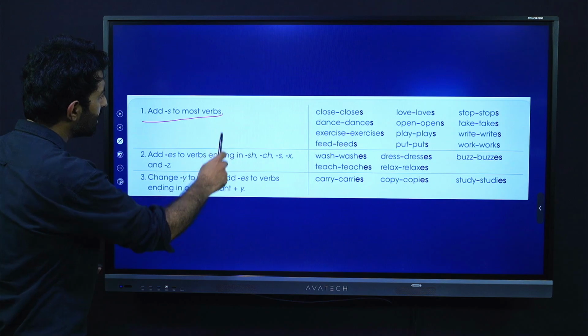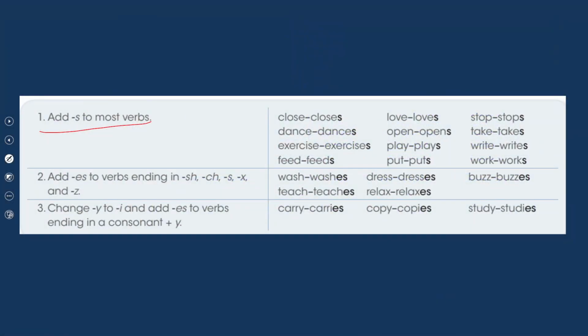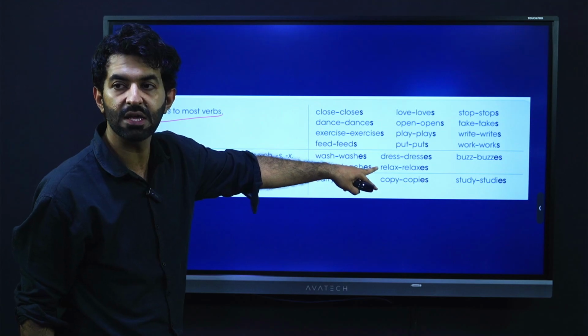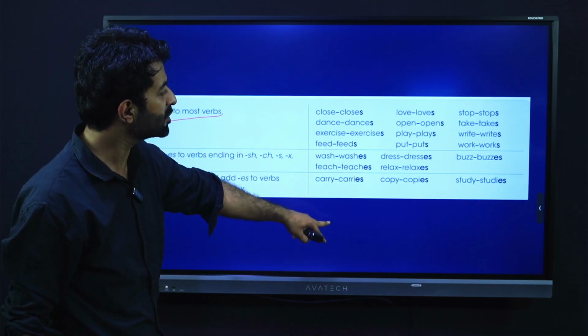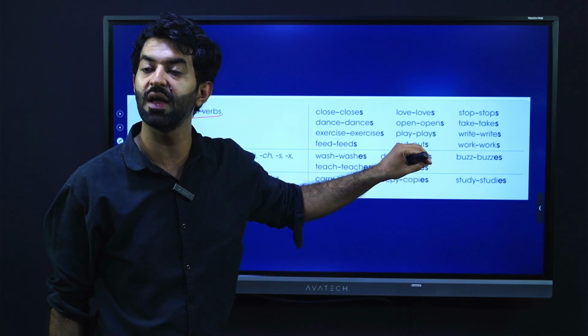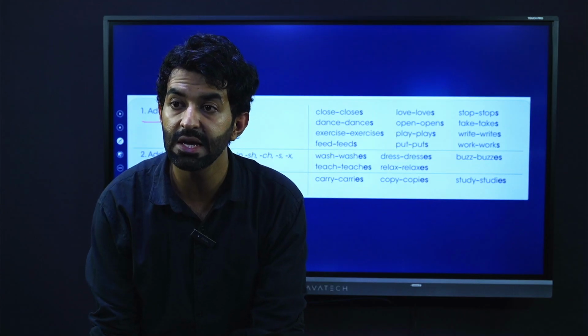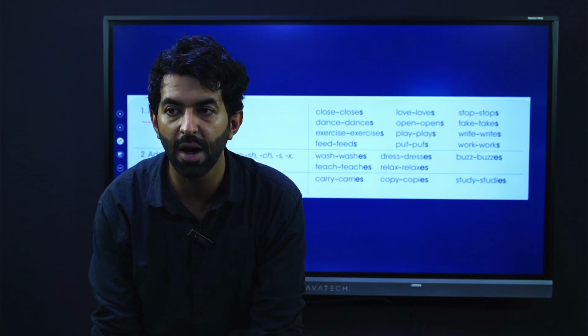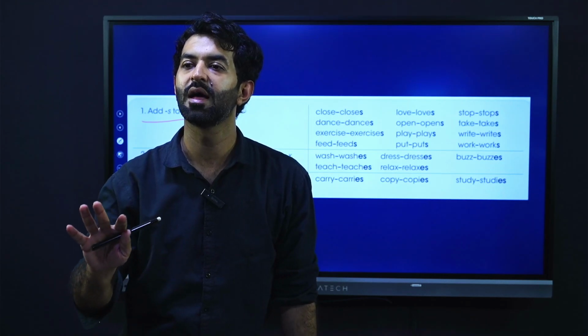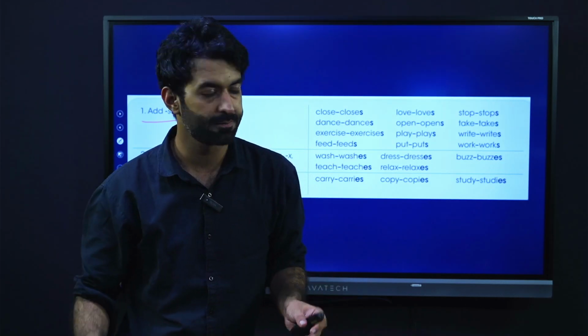Now here is a list of some verbs, some which take the addition of s and some which take es. Mostly where the e is already given, for a word that ends in e, we do not add es again but simply add s, and that's it.